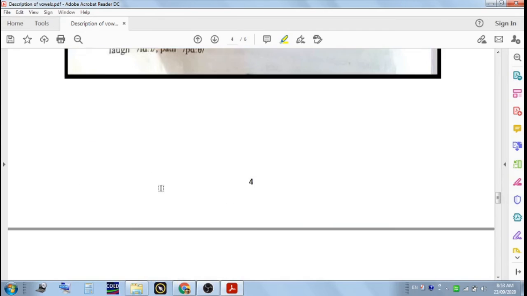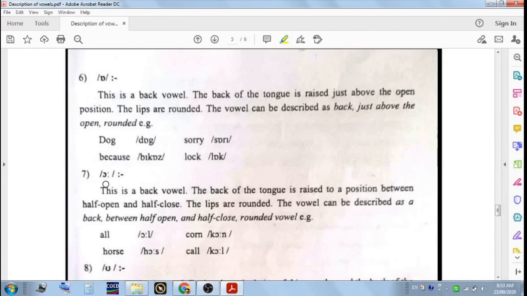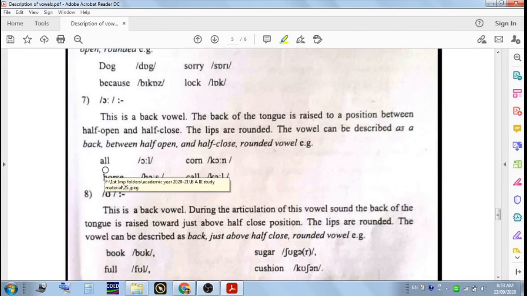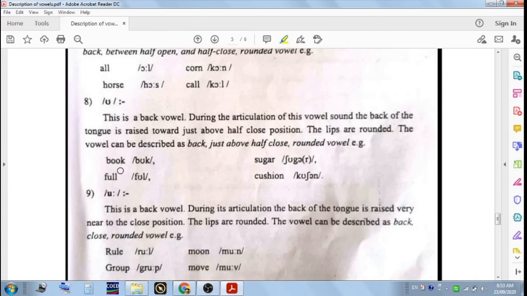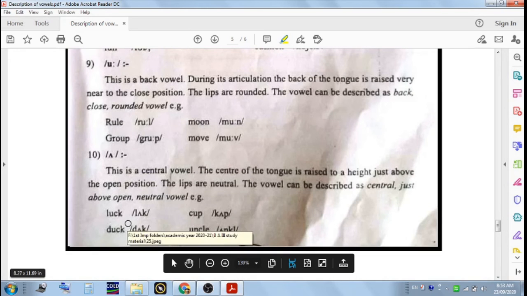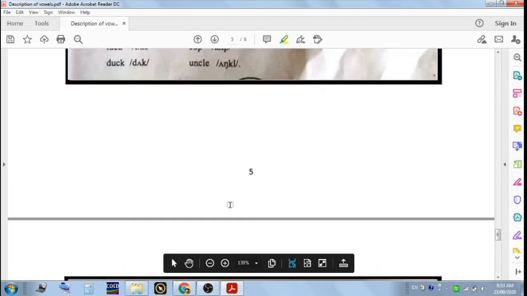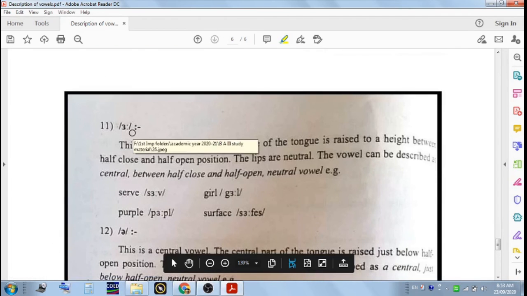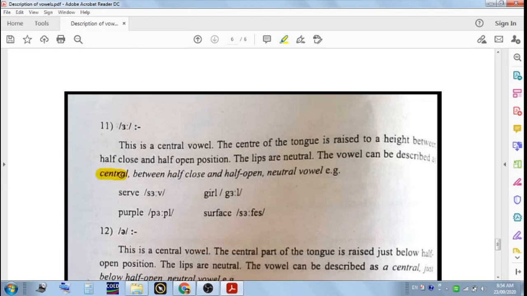So A is there, O is there, long O is there, as in the case of all, corn, horse, U is there, and long U is there. It is different from the other, here you see more stress, more emphasis, as in luck or cup. So look at the description. It is central between half close and half open and neutral vowel.